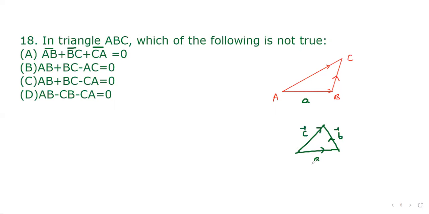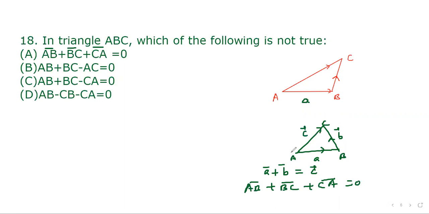So we can say vector A plus vector B must be equal to vector C, or if we write it in terms of A, B, C, we also write vector AB plus vector BC plus vector CA equal to 0.